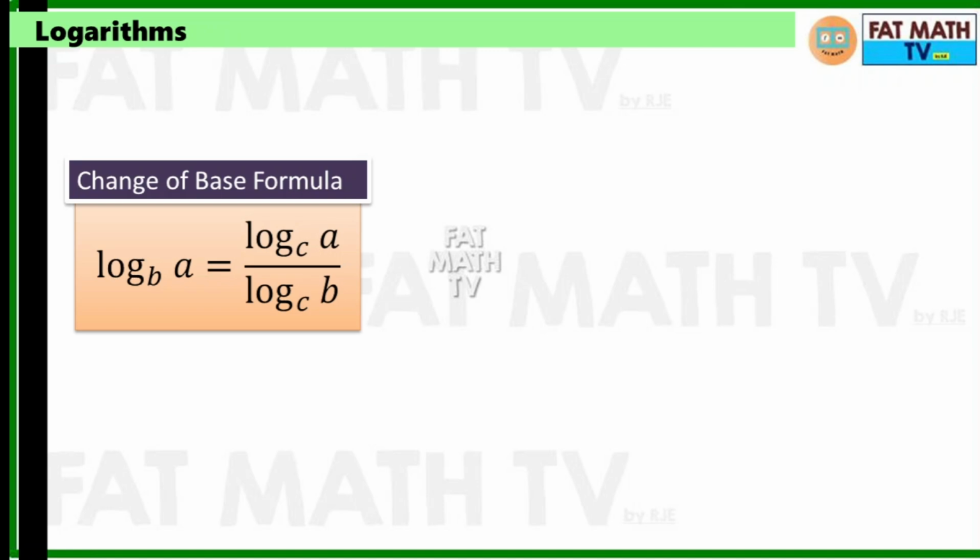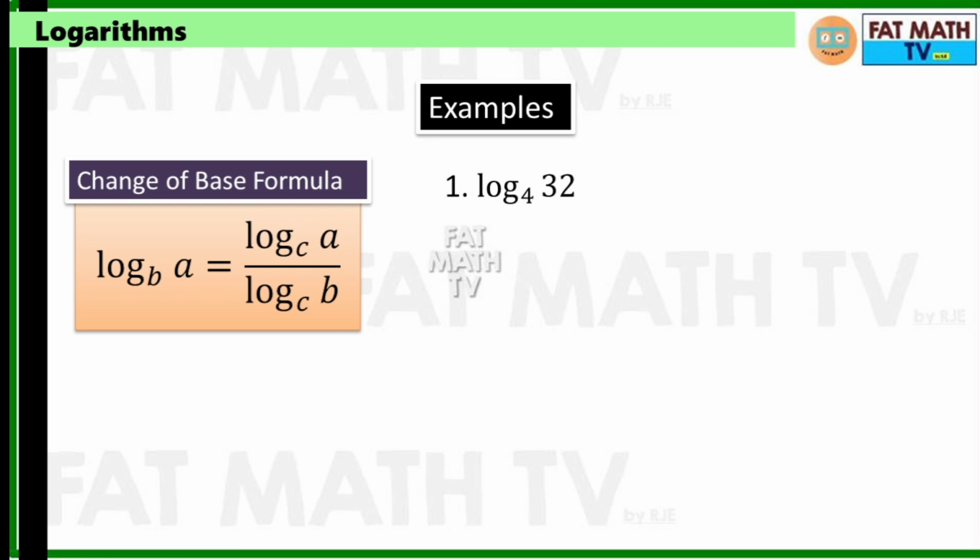Instead of base b, we are having a different base. So we will express the logarithm of a to the base b as logarithm of a over logarithm of b. And we can choose any base c. For example, logarithm of 32 to the base 4.